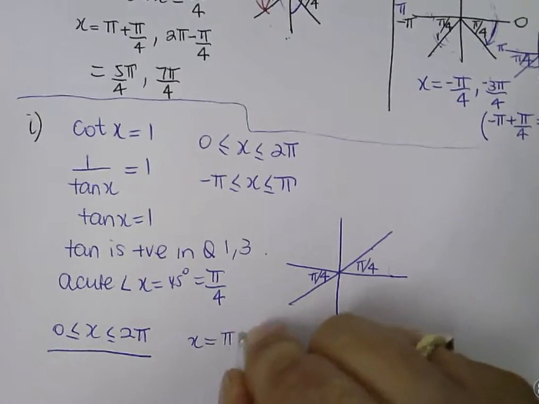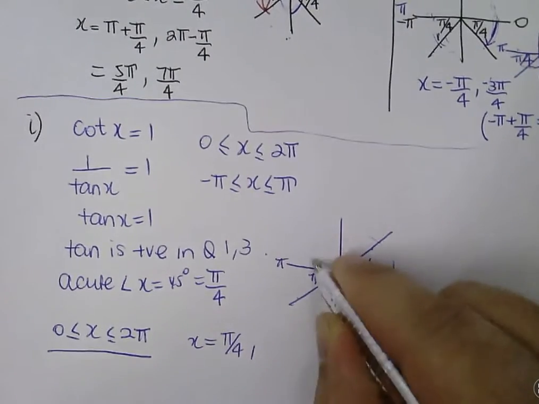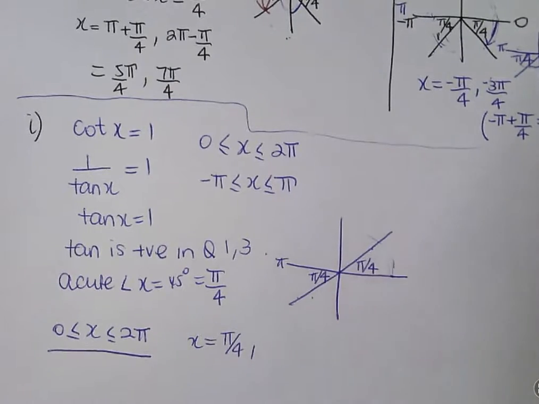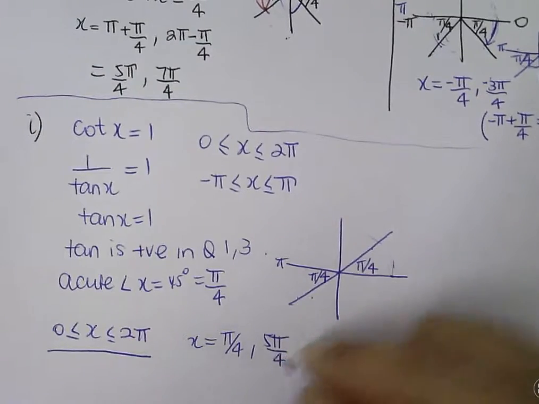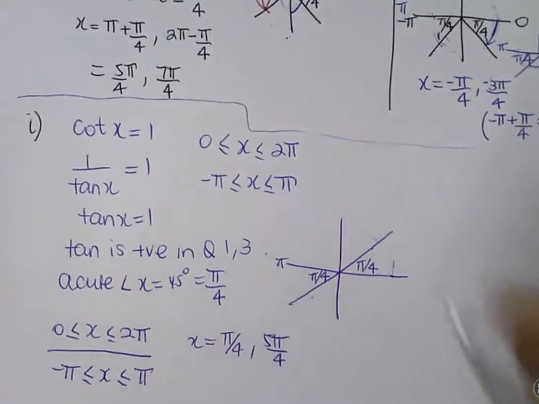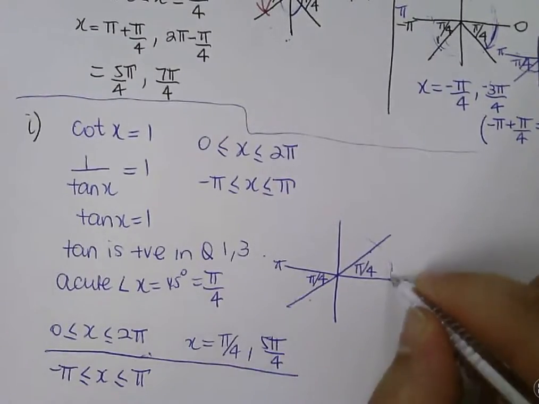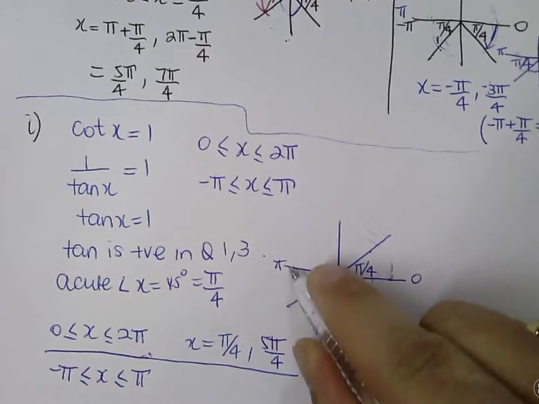So for x lying between 0 and 2 pi, what are my solutions? X is pi on 4 and? Yeah, it's 1 pi and another quarter. Can you see it? 5 pi on 4. Do I need to write it pi plus pi on 4? So it's 5 pi on 4. But if the domain that I ask you for the question is between negative pi and positive pi, you've got to go from here to there and stop, and then do your other solutions from there to there.